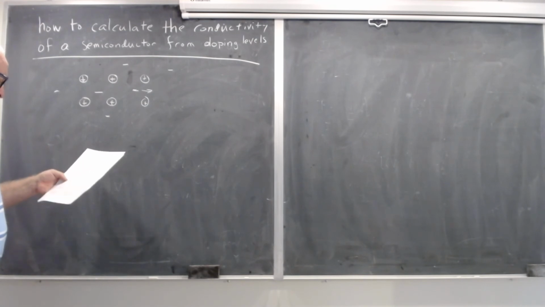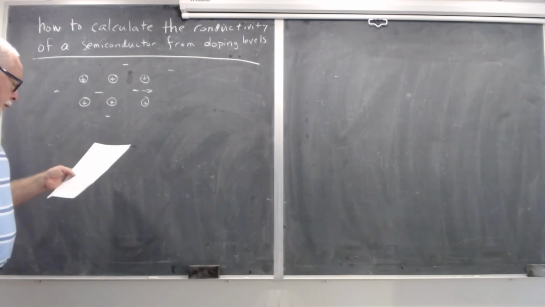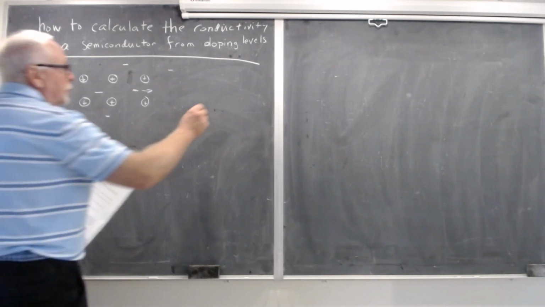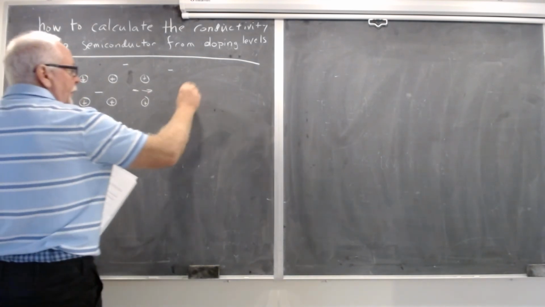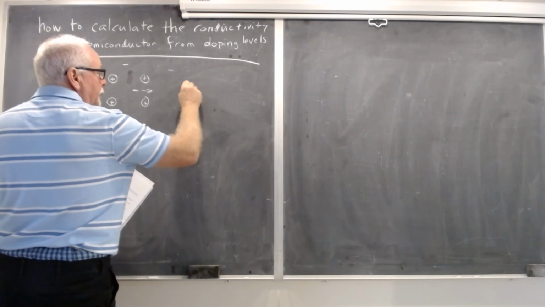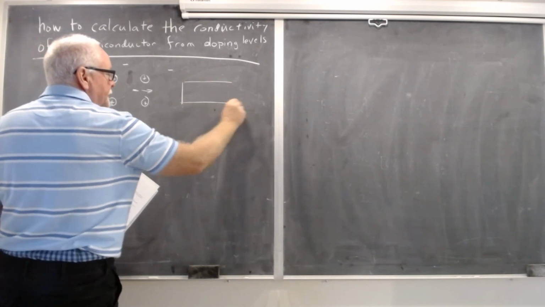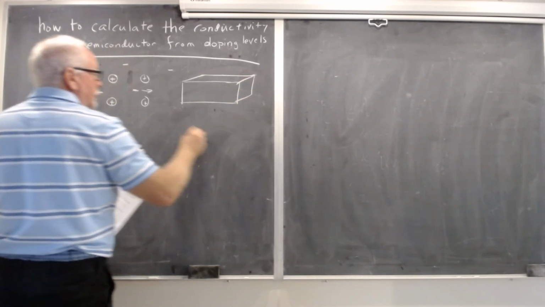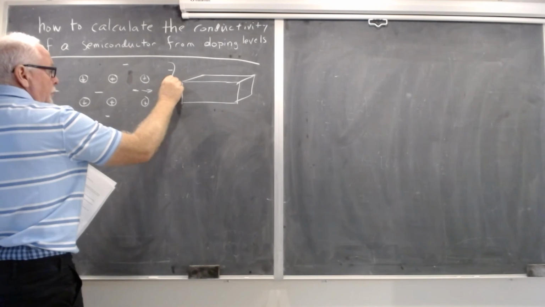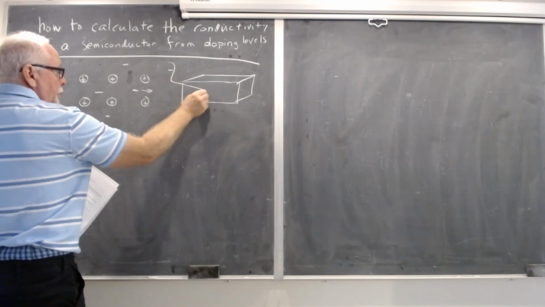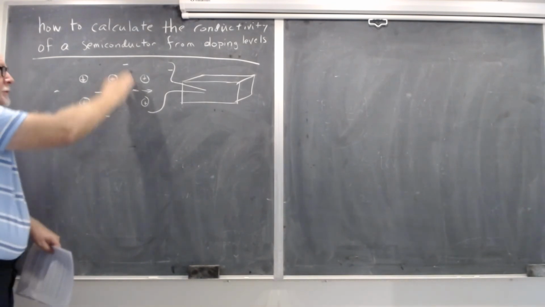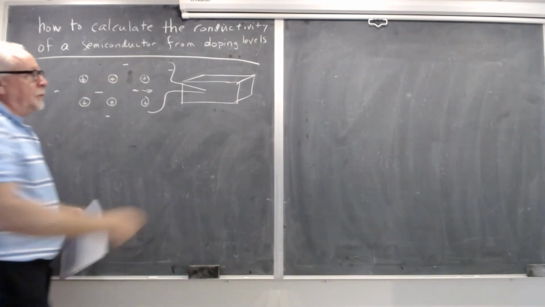So what I'm going to do is walk through this very quickly, because, okay, imagine this is inside a piece of semiconductor, where we've zoomed in inside that semiconductor, and there are these mobile charges that can move.